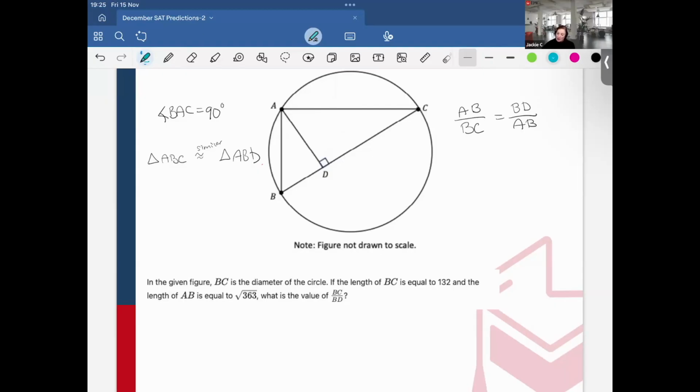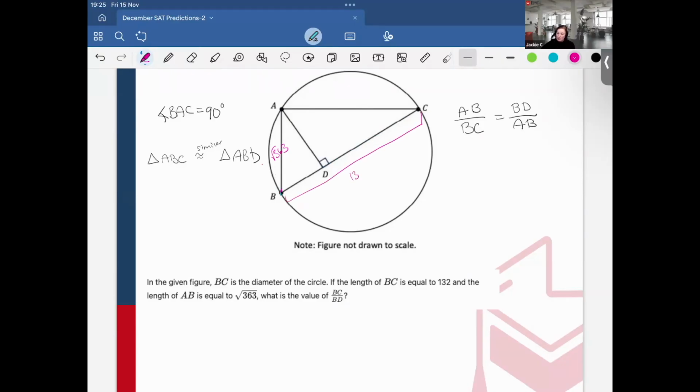So everyone sees AB, BC, and then we see BD and also AB. Okay, so now I know that based on similar triangles the sides are proportional to each other. And then all I need to do is put in the values. And it really is just that simple.